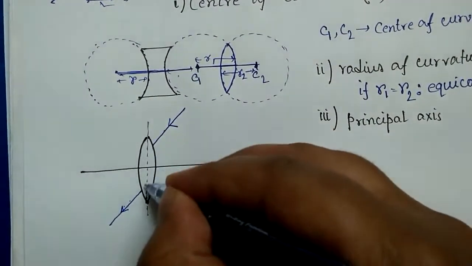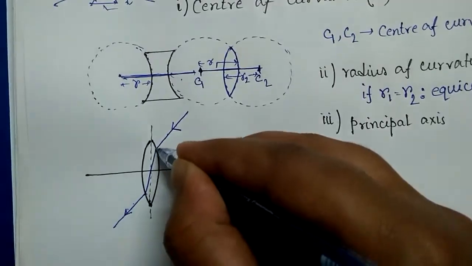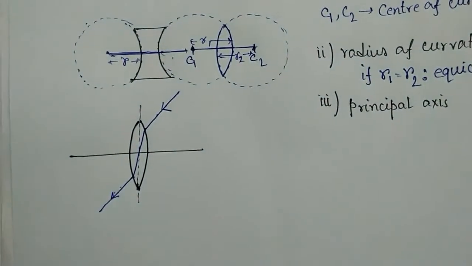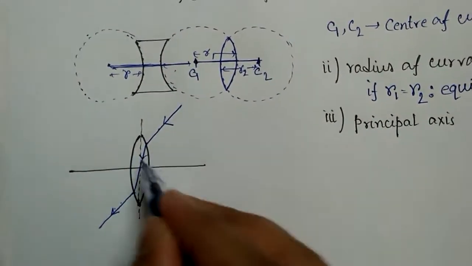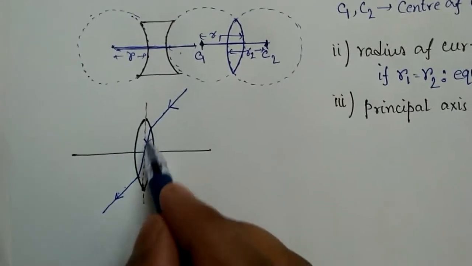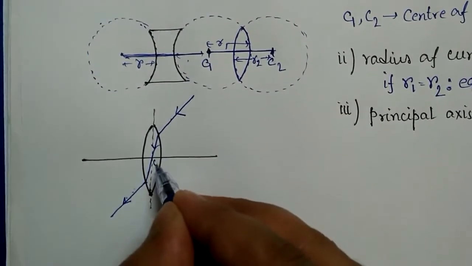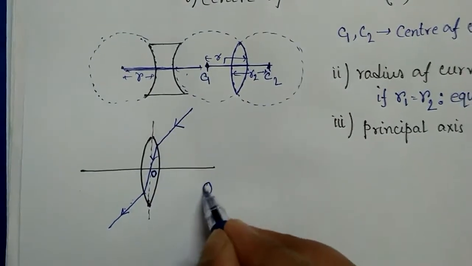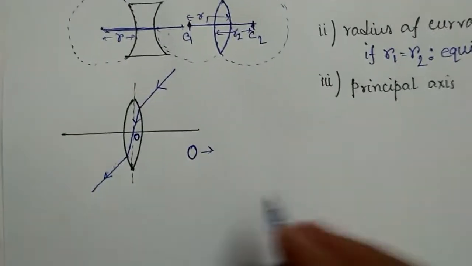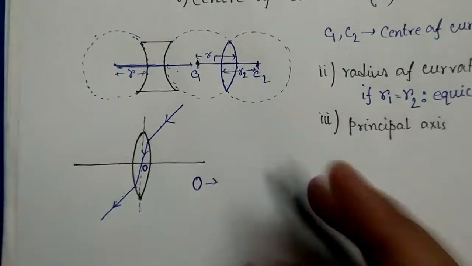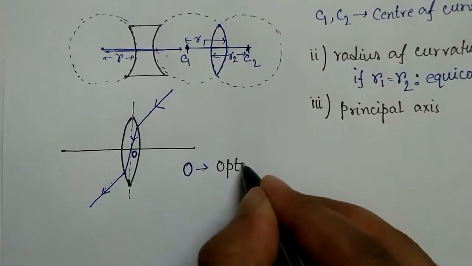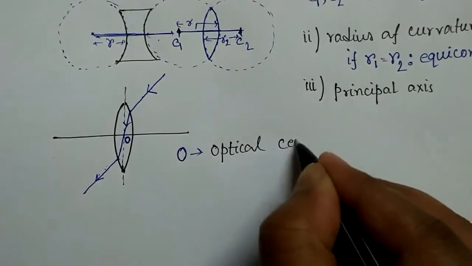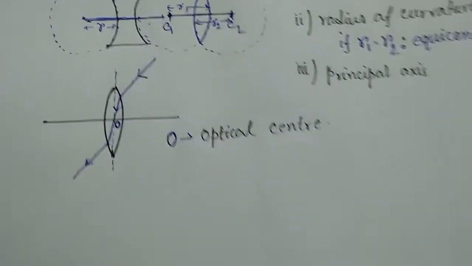Now you join these two lines, and where this ray is intersecting the principal axis, that point, this O point, is known as the optical center.